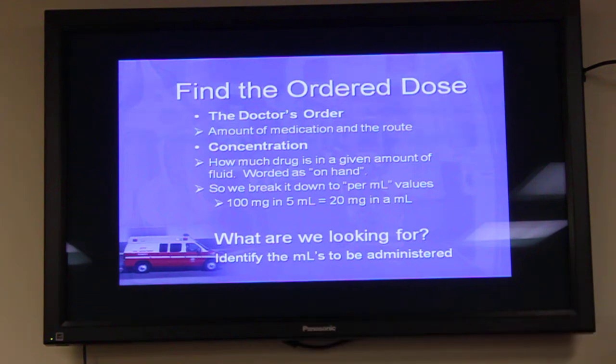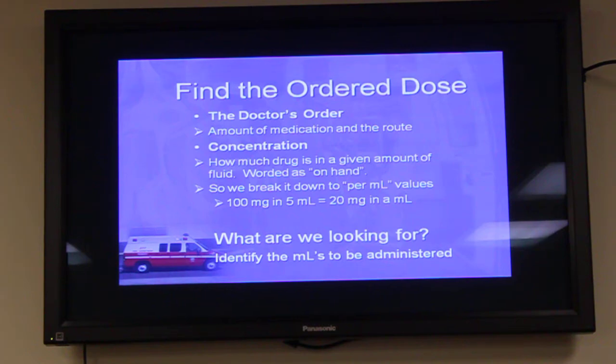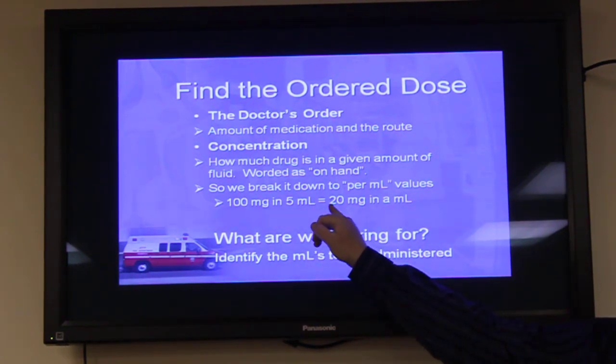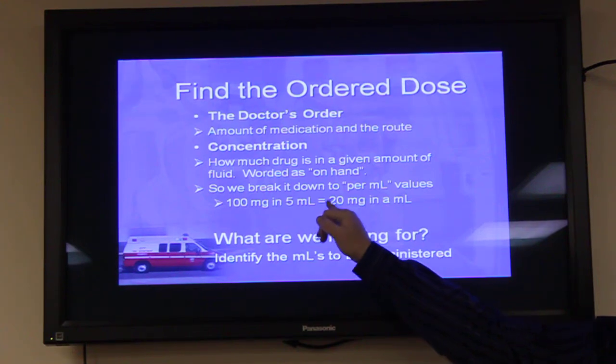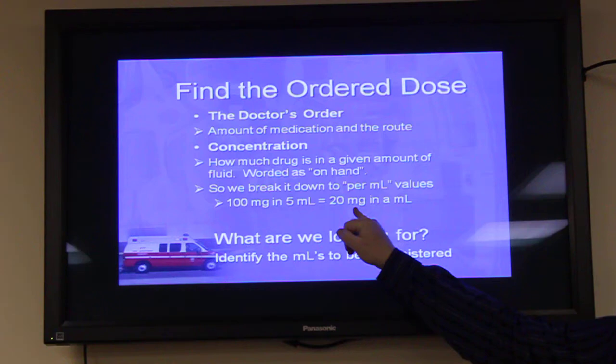The only thing we can see is the volume, the actual fluid that medicine is contained in. So if all we can see is the fluid, that's the amount that we're going to draw up. Hence, we need to know how many milligrams are in that particular fluid, that preset amount, so we know to draw up that many milliliters in order to push those 20 milligrams. Does that make sense to everybody?